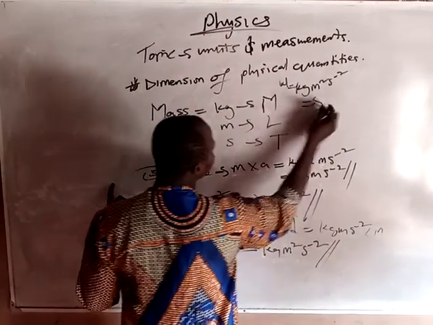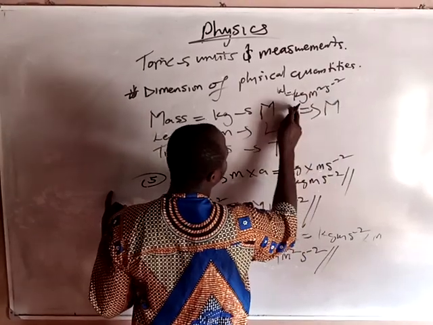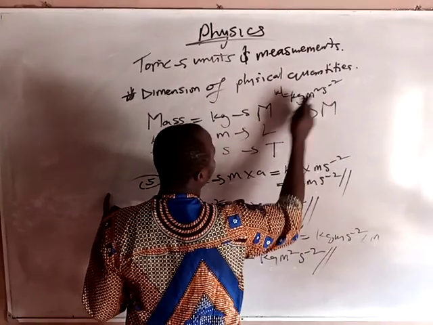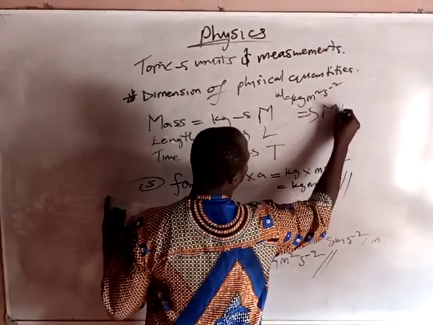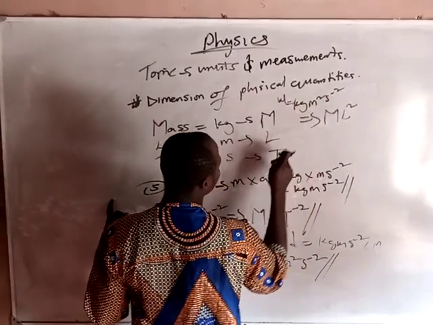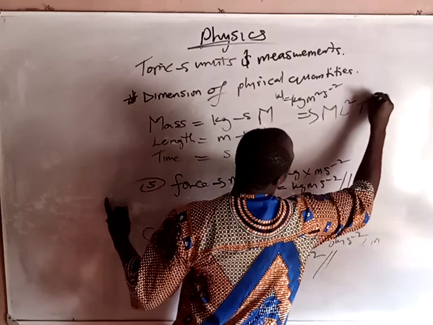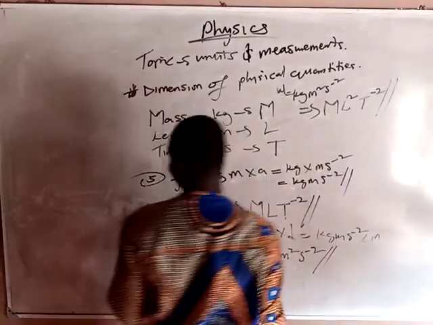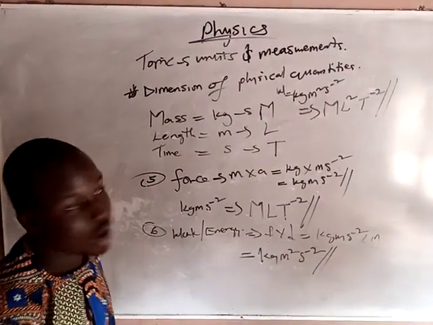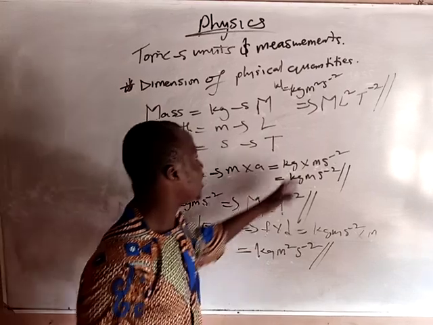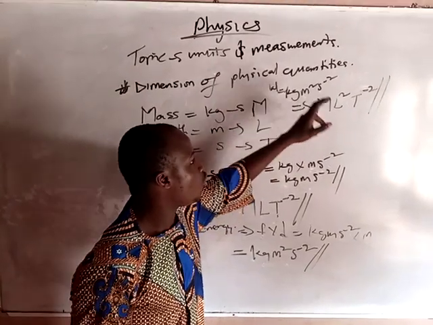Kilogram is M, right? Meter is length, L square. Second is time, T raised to the power minus 2. This is the dimension for work. Is that clear now? This is the dimension for work.